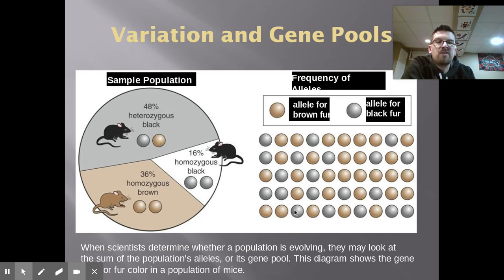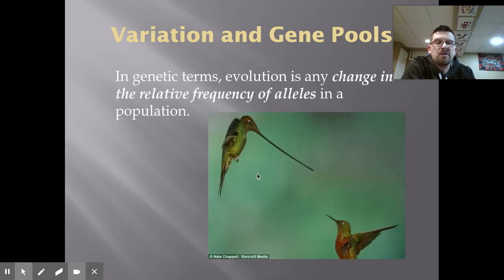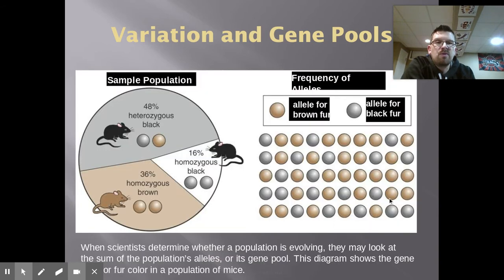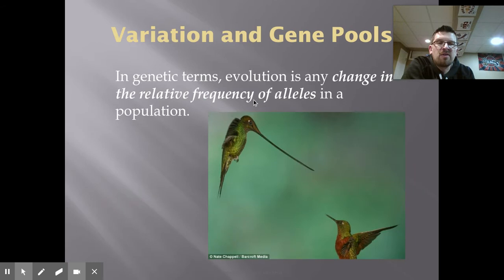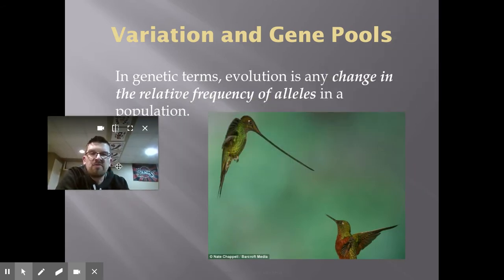This is how we would represent a population's gene pool, and we would track the relative frequency of these alleles, the brown fur and the black fur allele. As you can see, it's a lot more even than it might look from the 64-36 difference in the coat color. So keep in mind, gene pool matters, and this is where a lot of these differences are experienced.